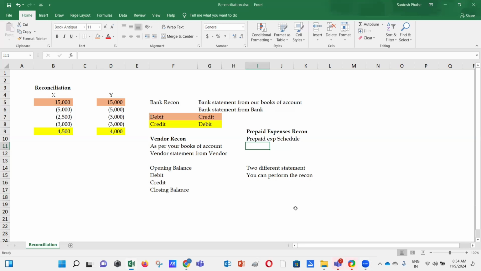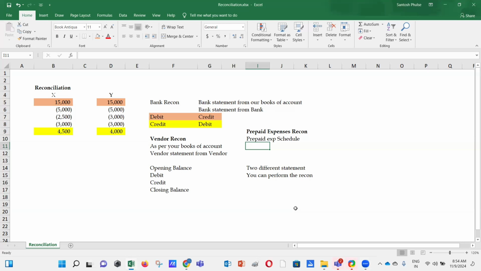The complication only increases due to the number of transactions, and if we don't have any common parameters between the two records to match the transactions. If you do vendor reconciliations, you have the invoice number for purchase transactions. That invoice number is unique in both books of account. Your purchases you match with his sales. But how do you deal with the payment?